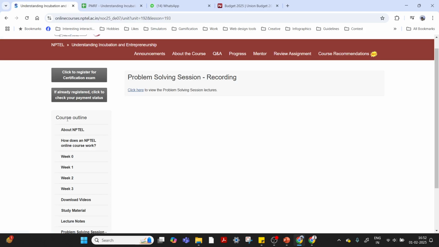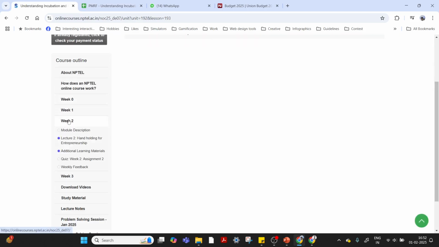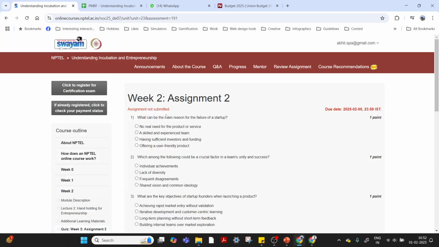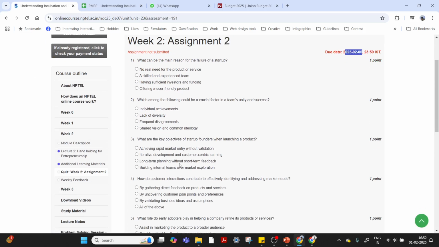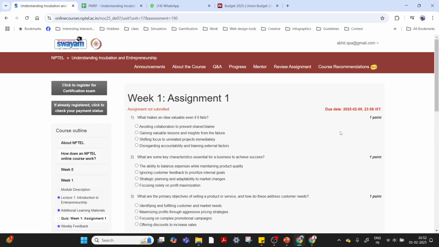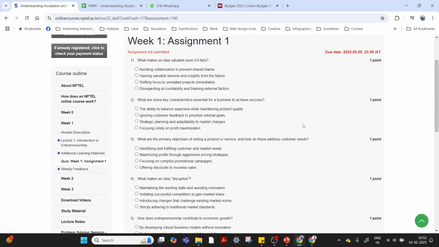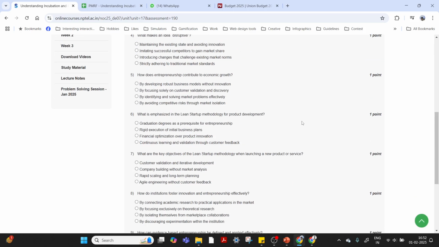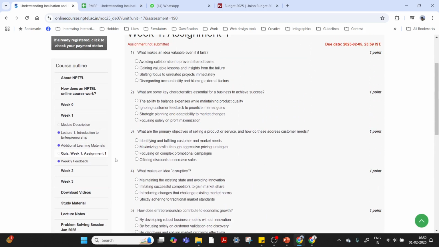Going back, this is the week two assignment. If you have not been able to submit it, the due date is 5th Feb. Here you see all the week two assignments, and the week one assignment due is also there, which is again 5th Feb. So please ensure that by the 5th you are able to submit all these questions.